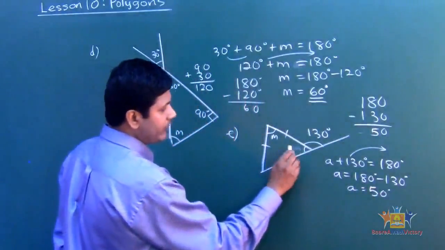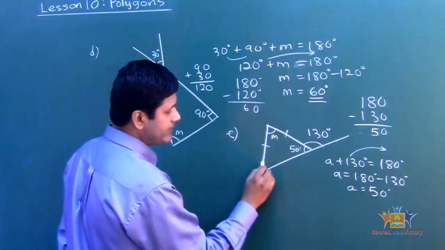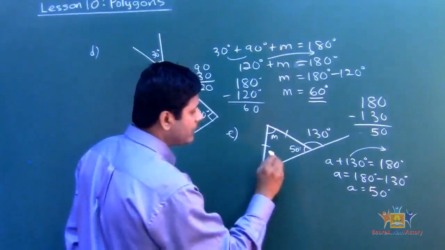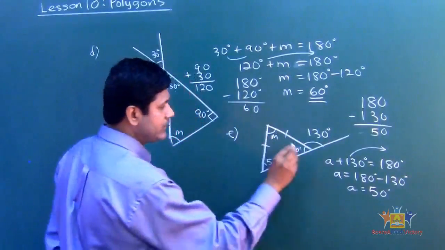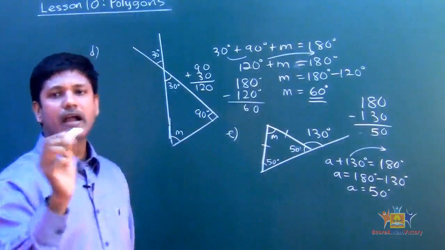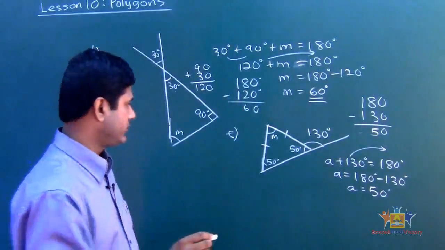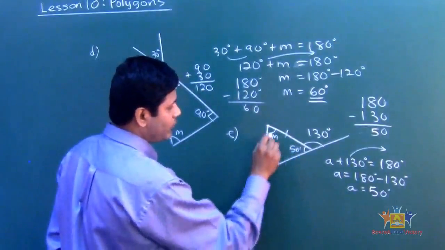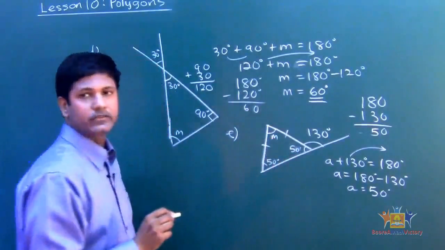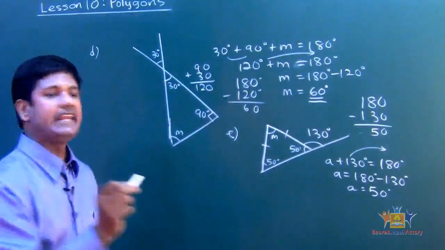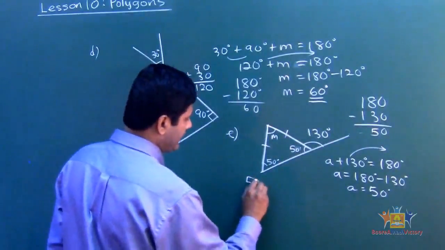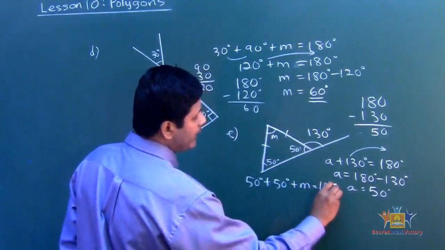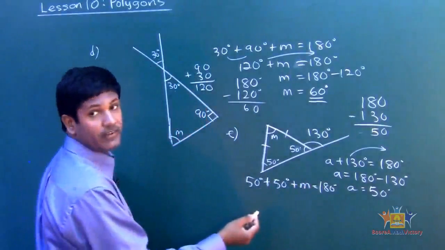If this is 50 degrees, what would this be? Also 50. Why 50? Because it's isosceles, this angle and this angle will be identical. That means now can I find M? Yes, because the summation of these three angles should be equal to 180 degrees. That means 50 degrees plus 50 degrees plus M equals 180 degrees. 50 plus 50 is 100.